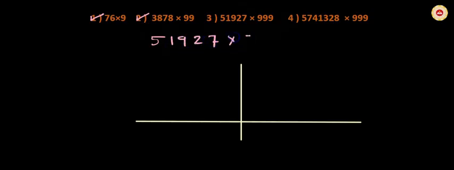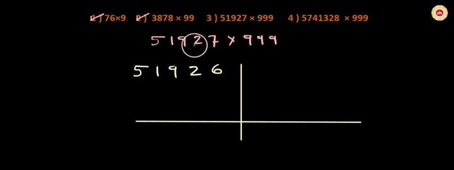So the first step is to calculate Ekanyunen of this multiplicand. 51,927 minus 1 is 51,926. What we did? We subtracted 1 from the given multiplicand, right? And wrote the answer in the left part.